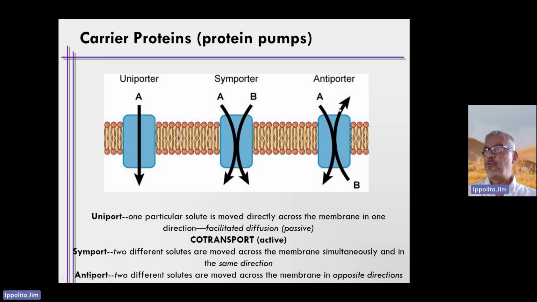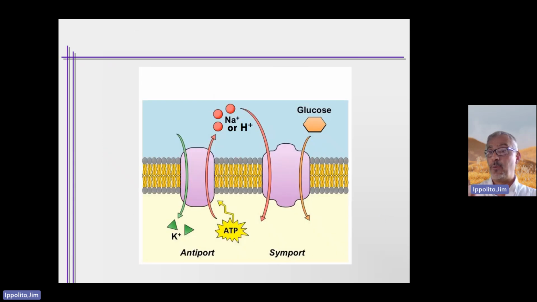The opposite occurs in antiport, where one ion is pumped out from the inside of a cell and another ion or compound is pumped into the cell. So they move in opposite directions. So let me give you an example of both of these. I know we already talked about symport mechanisms, but let's talk about these both again.